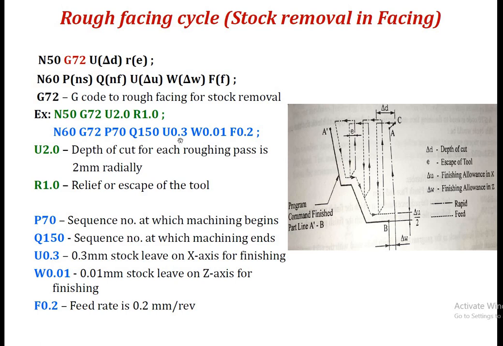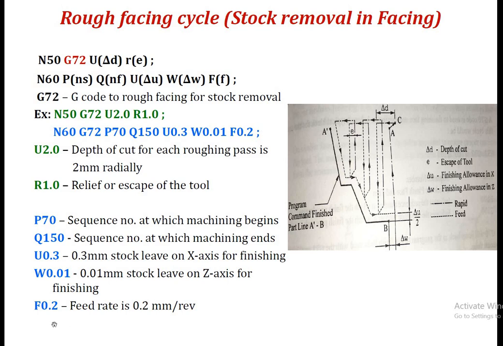Again, next U 0.3. The meaning is the same as in the rough turning cycle, so 0.3 mm is the stock left on the x-axis for the finishing operation. Again W 0.01, the same meaning as in the rough turning cycle: 0.01 mm stock is left on the z-axis for the finishing operation.